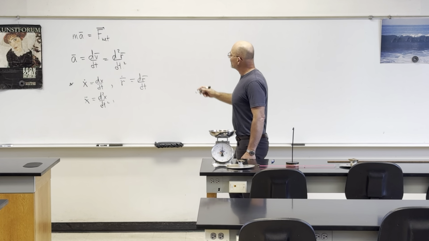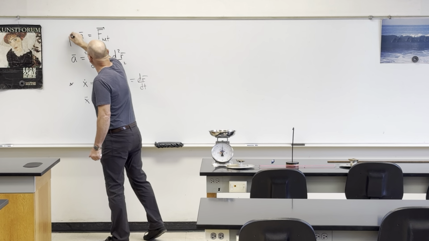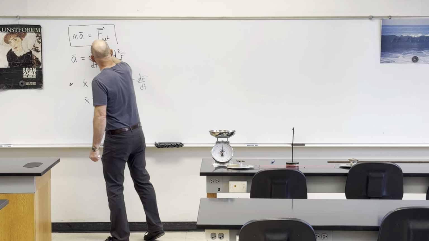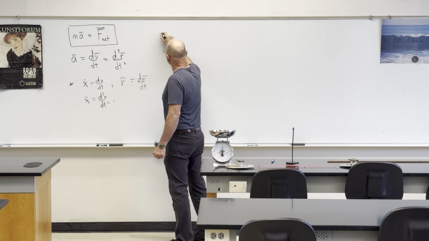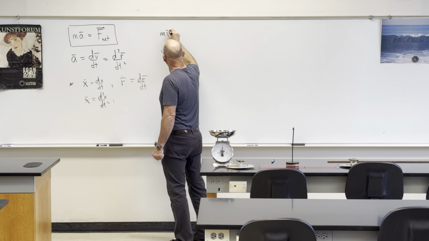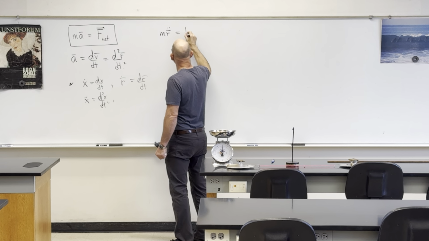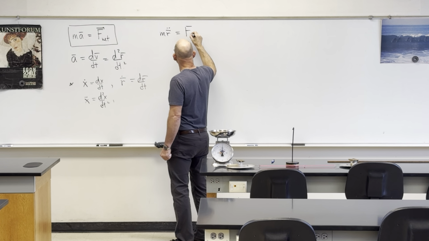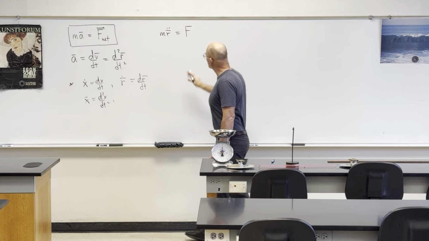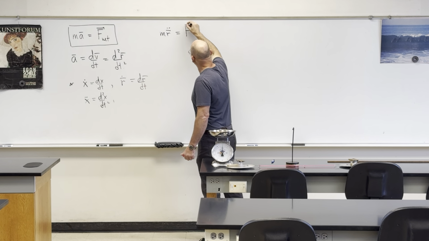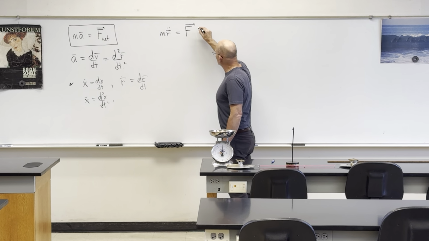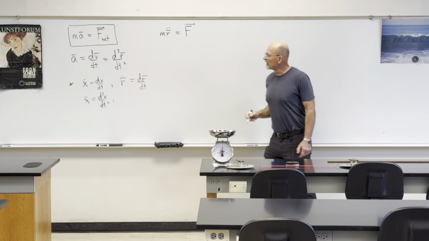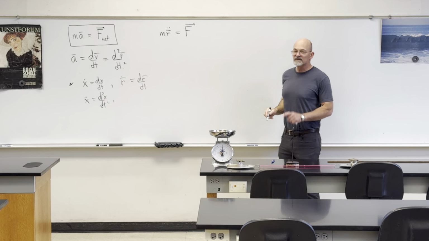Good. So now let's go ahead and write down a few of these forces. First of all, we could write m r second derivative equals F, and I don't have to always write the net force. Now these forces can be functions of position, explicitly functions of time, functions of velocity.